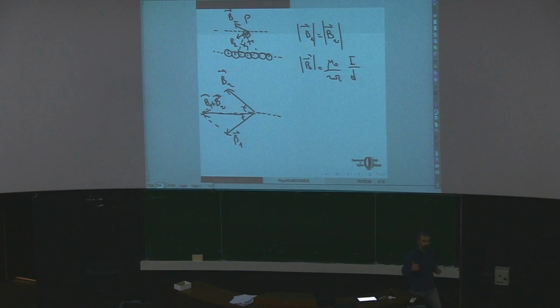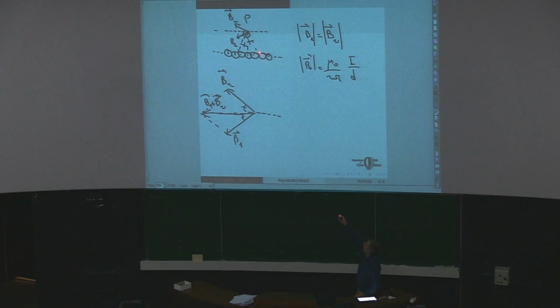Okay, I used symmetry of my plane to argue that every such piece of current running on this part has a symmetrical current on the opposite side. And the sum of the magnetic fields that both of them create will be horizontal. So I don't know the magnetic field yet, but what I know is that the magnetic field will be horizontal.